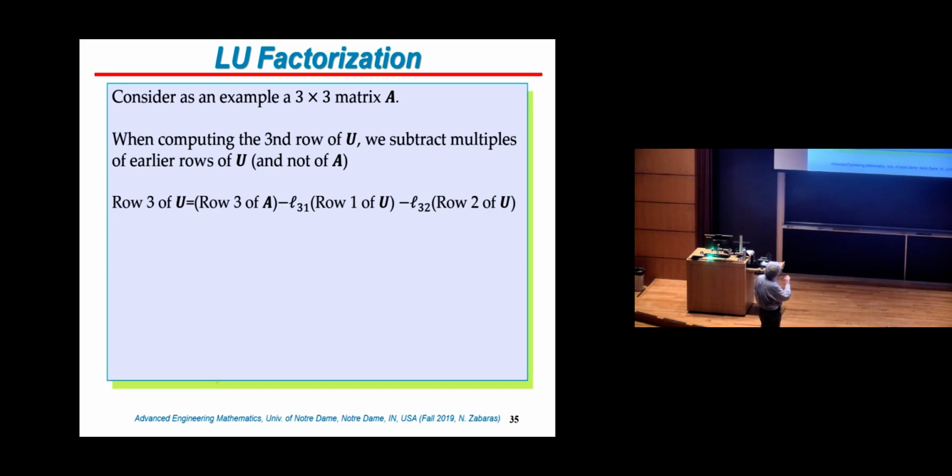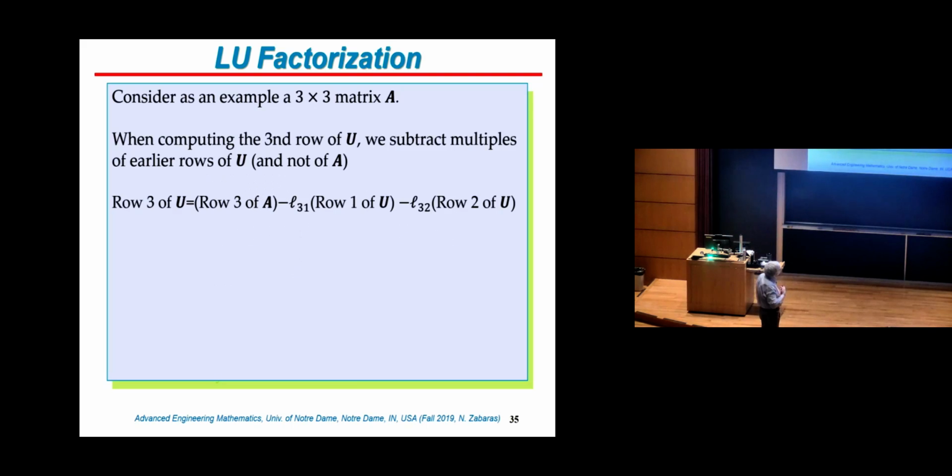I took the multiplier L31, and I subtracted L31 times row 1 of U from row 3 of A. And you notice I say I subtracted row 1 of U, because U is whatever matrix is already there, that's what I have to use. And here I have L32 times row 2 of U.